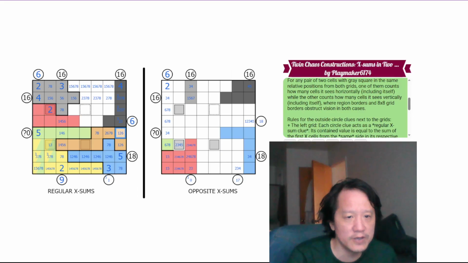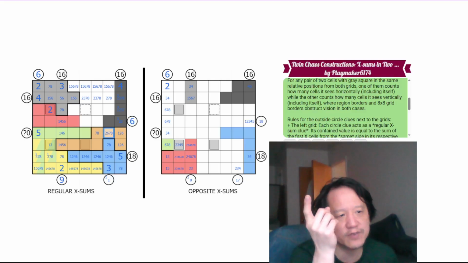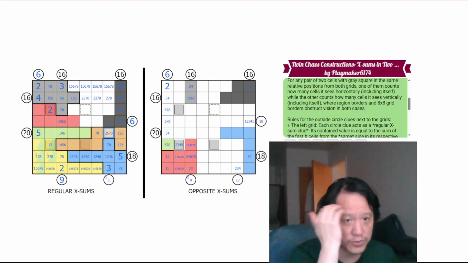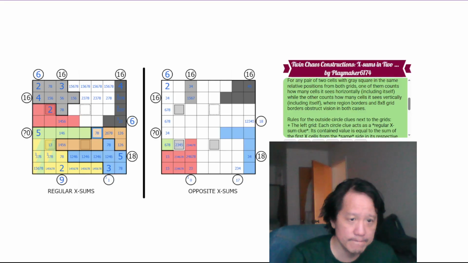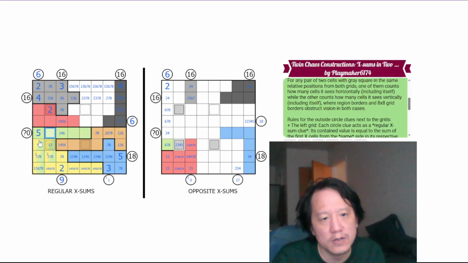Can't be 3 here, can't be 3 here. So no 3, 5, 8. What about 7? No 1 with 7, because that would require 1, 7, 8. No 2 with 7. So 3 doesn't work. So 3 has to be here in the green region.